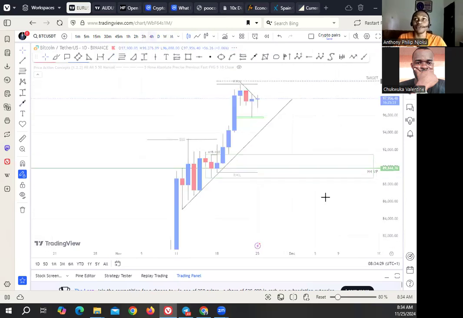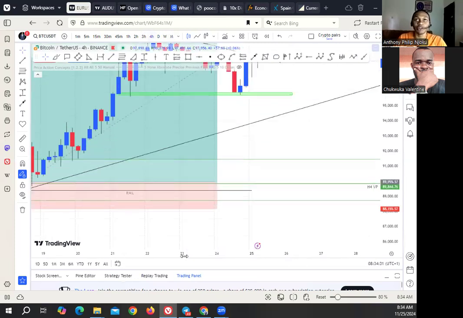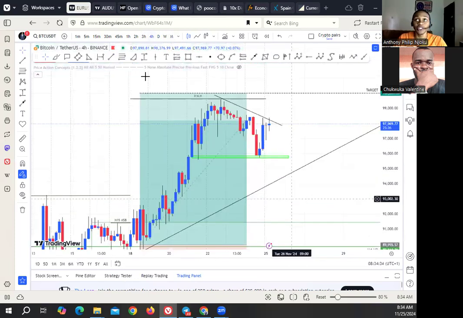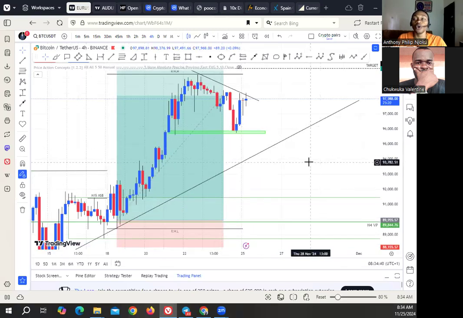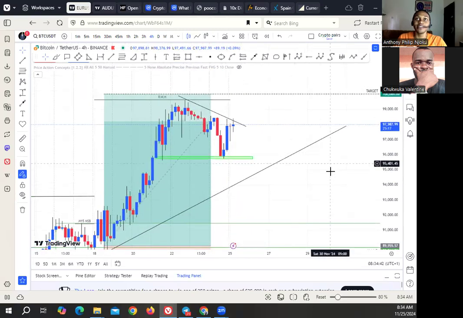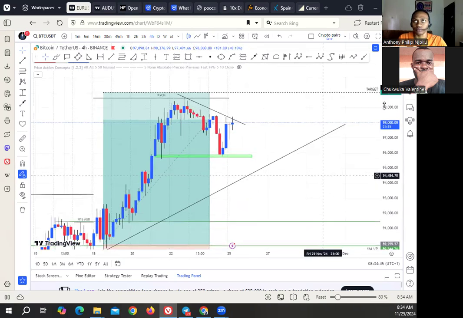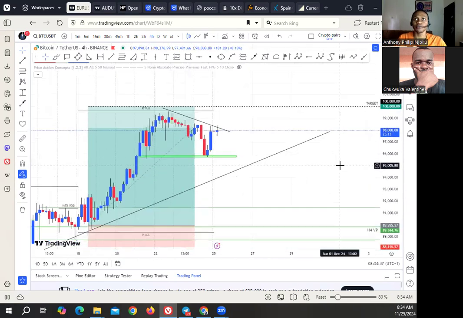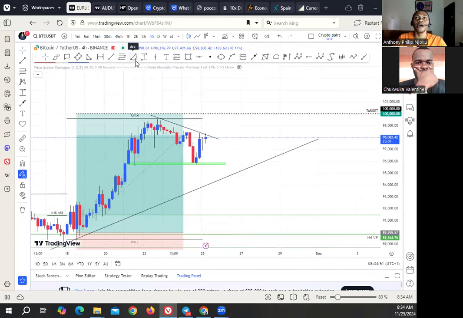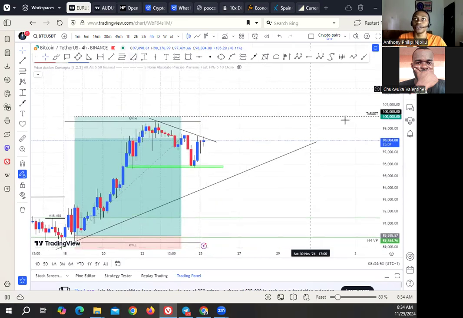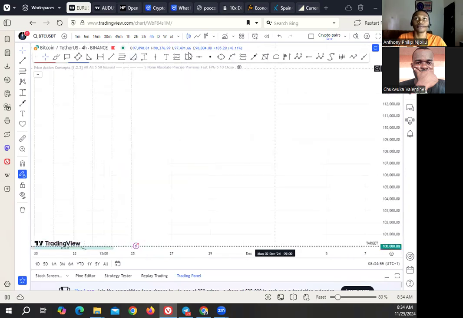So let's go to the 4 hours time frame. On the 4 hours time frame, this is where we took our trade last week and we're still holding. Our target is $100,000, but we already took out partial profits. On the 4 hours time frame, I see what they call an ascending wedge. So this is what an ascending wedge is.